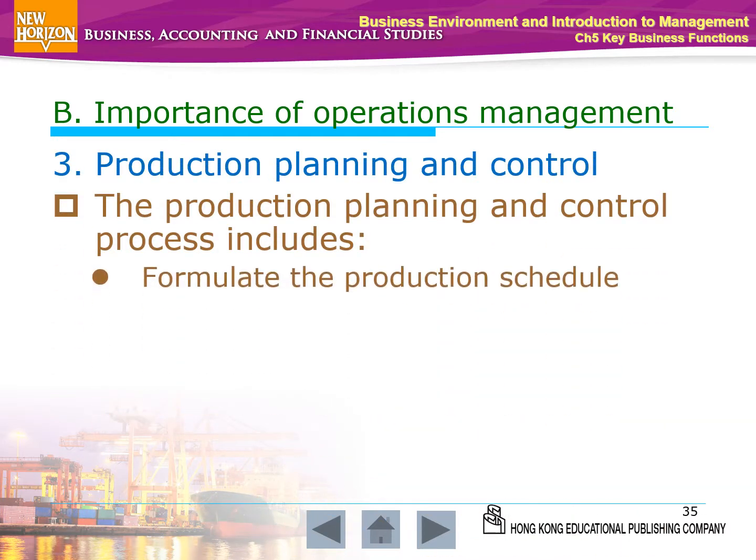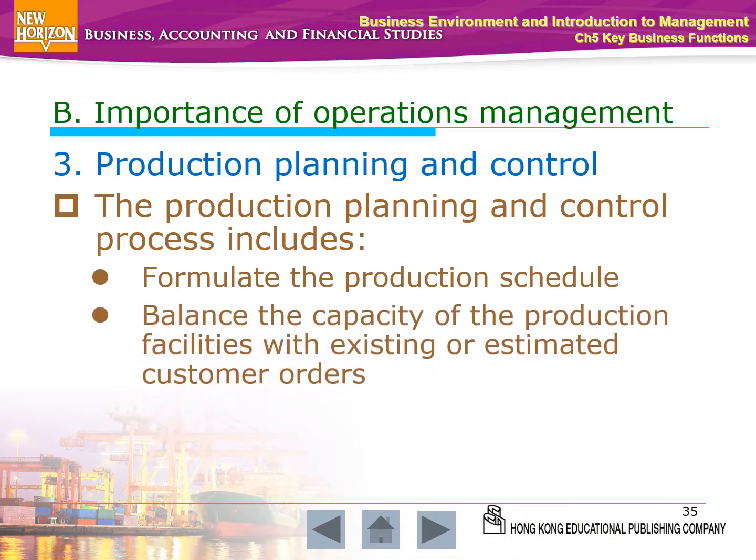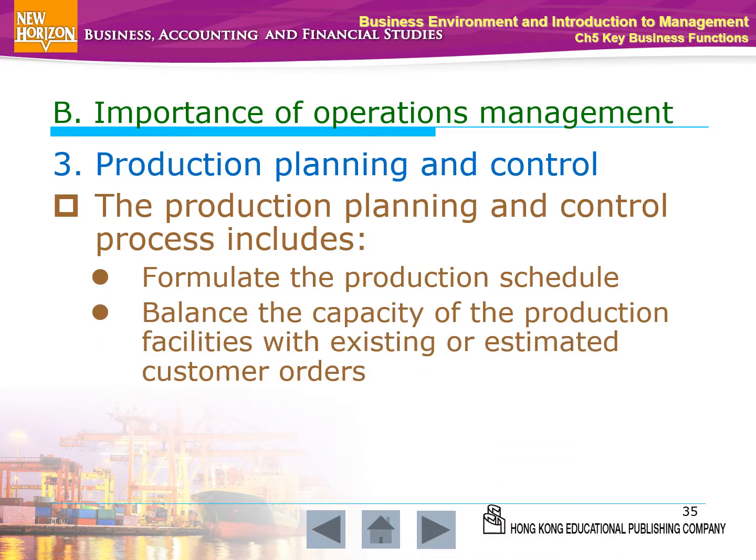The production planning and control process also includes formulating a production schedule. That means every day, being an operations manager, you'll see if the production schedule is efficient or not, is good or not. What we call formulating the schedule. Second, you'll try to balance the capacity of the production facilities with existing or estimated customer orders.